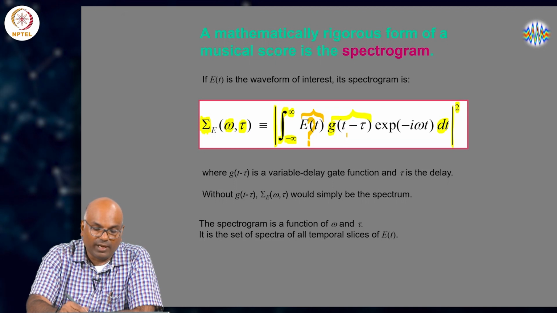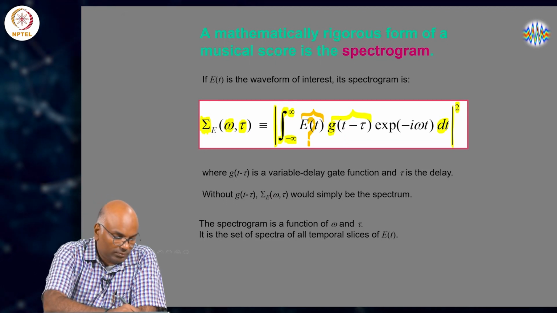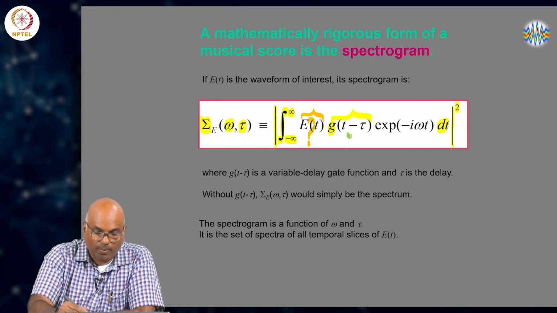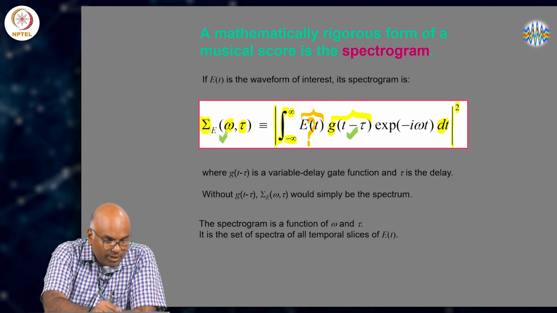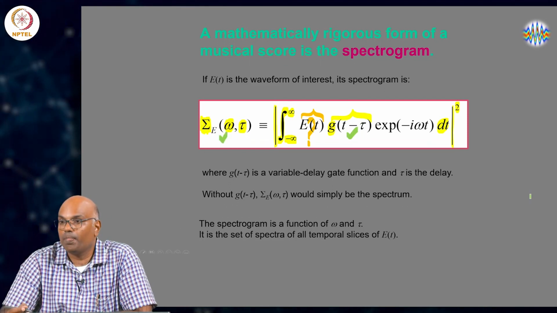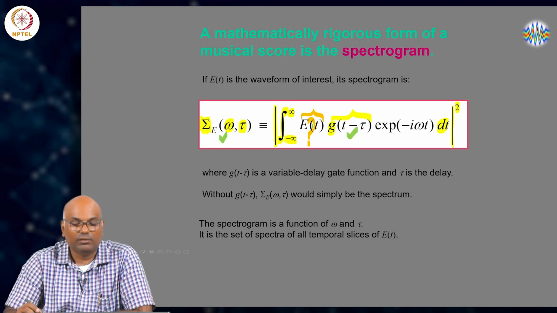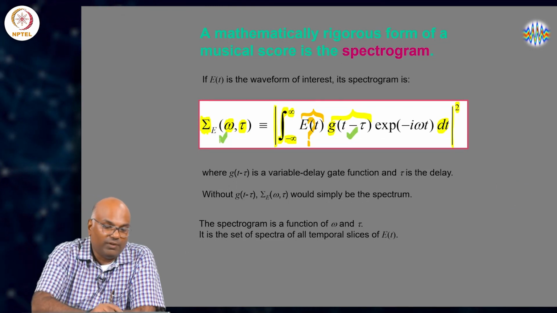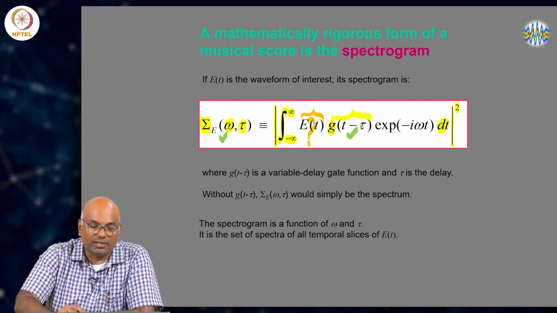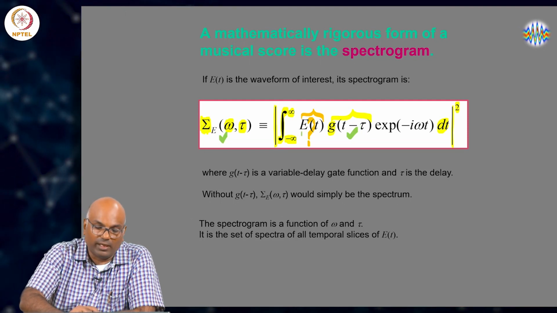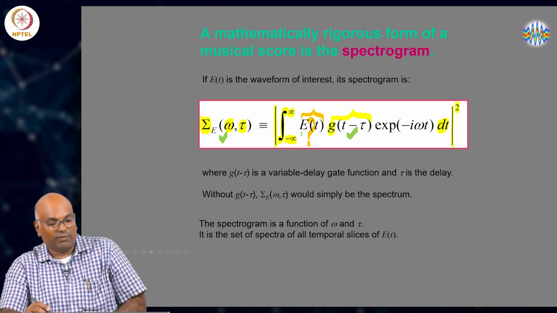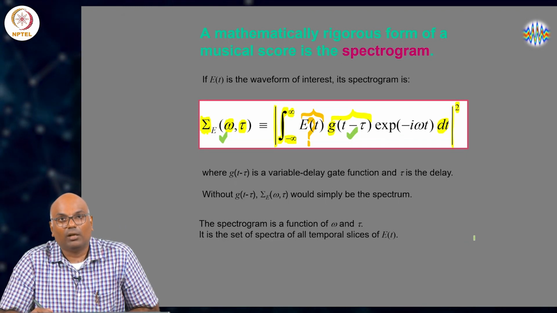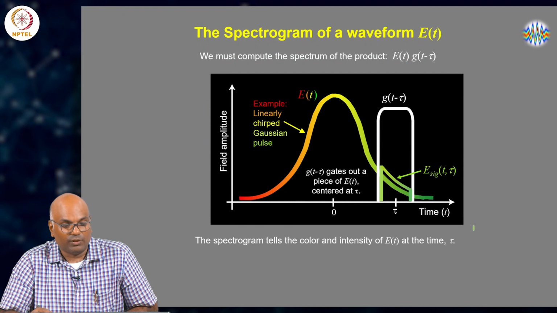We choose the gate, we measure the spectrogram and we determine E of t, the field. So, the left hand side is a signal, on the right hand side there is a gate, these two are in our hands, whereas the signal itself E of t is unknown and is to be determined in this problem.